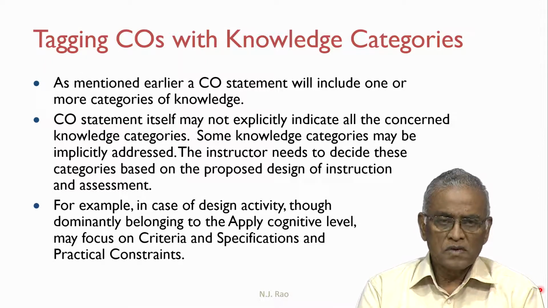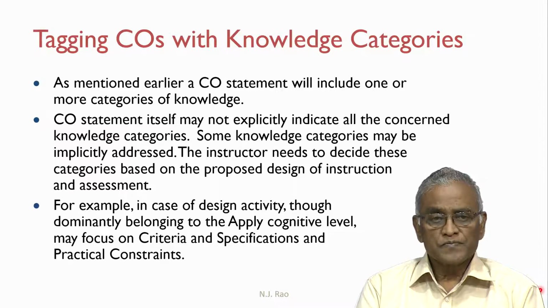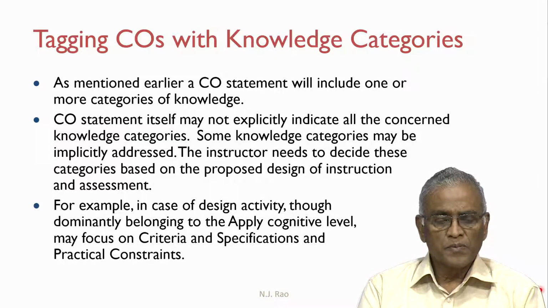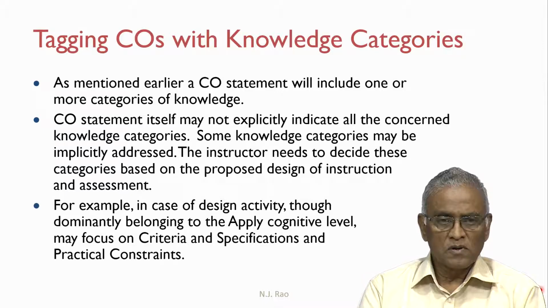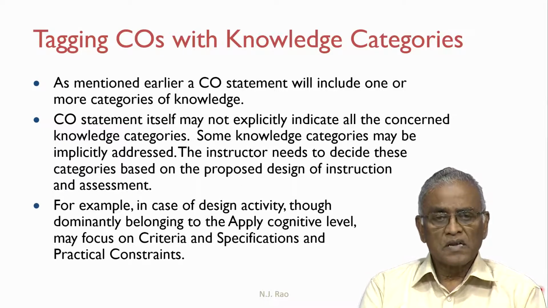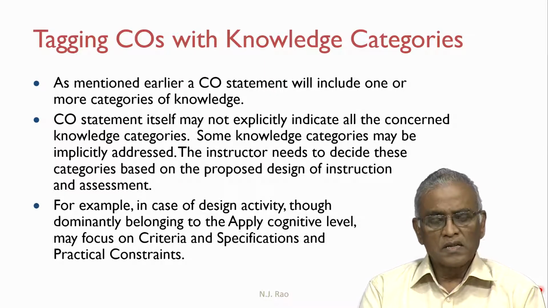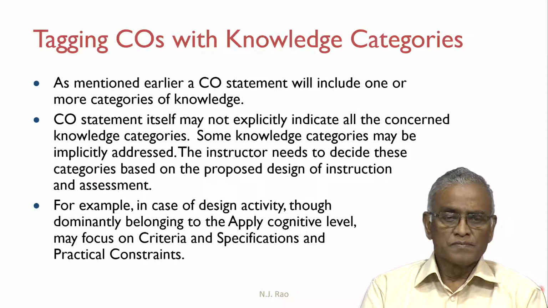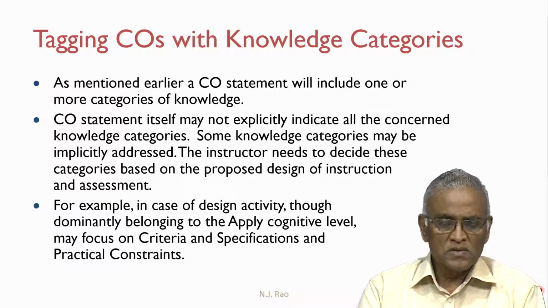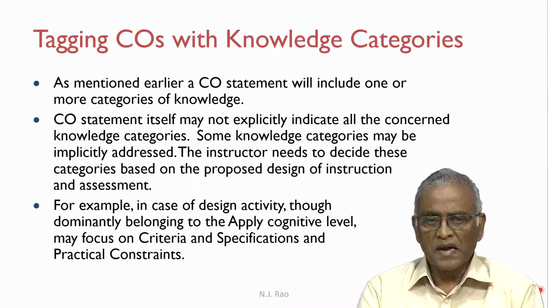We can use the acronyms F for factual, C for conceptual, P for procedural, M for metacognitive, and correspondingly engineering knowledge categories: the fundamental design principles, FDP, then criteria and specifications, C and S, for practical constraints you can use PC, and design instrumentalities you can use DI.